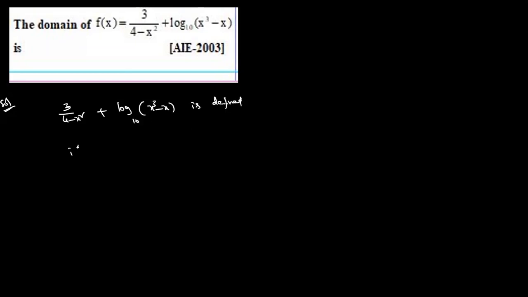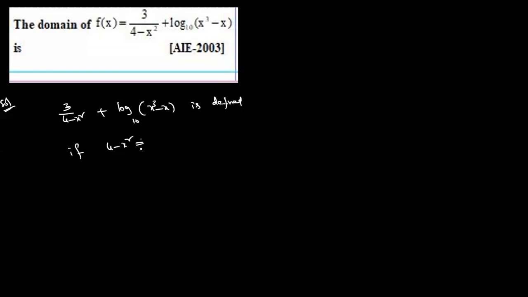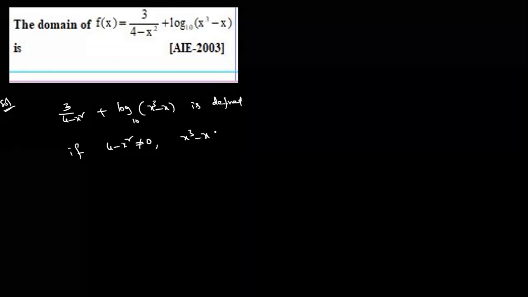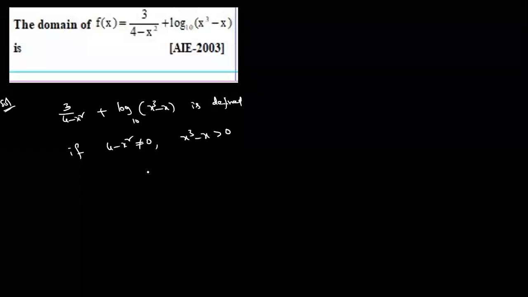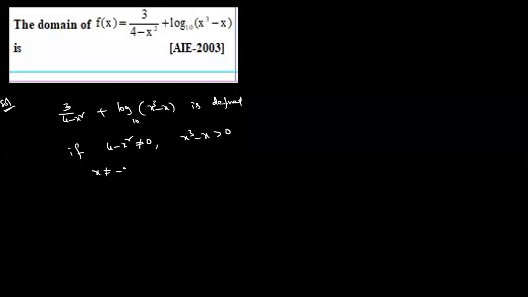It is defined when 4 minus x square must be not equal to 0, and x cube minus x should be greater than 0. So x must be not equal to minus 2, 2. Remove that part. What about this case? x cube minus x factorised, x into x square minus 1, that means x into x minus 1, x plus 1.